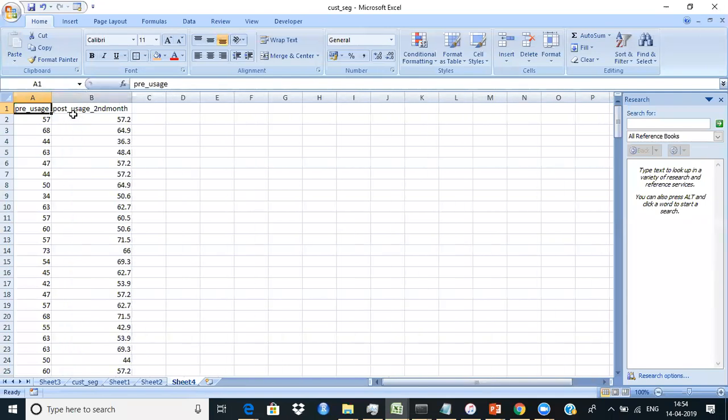Relationship basically means, if the value of one variable increases, does the value of the other variable decrease or increase? That's what the relationship means. If with the increase in pre-usage, the post-usage increases, it is known as positive correlation, because they move in the same direction.